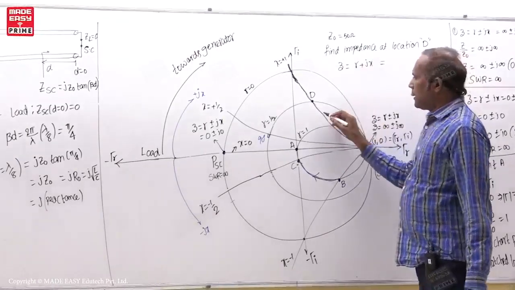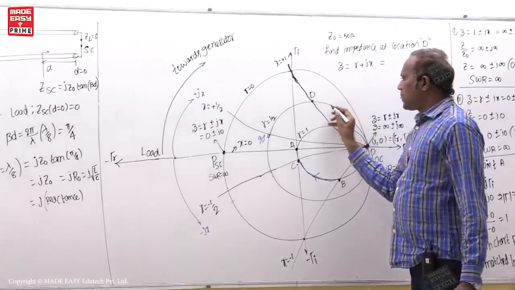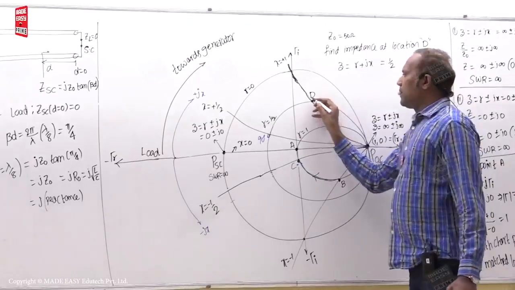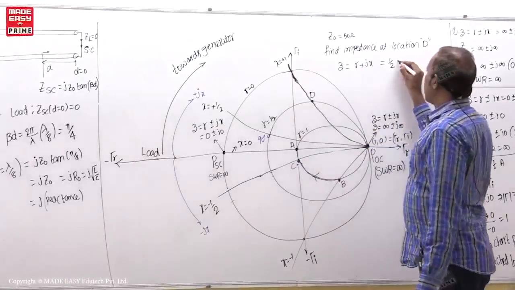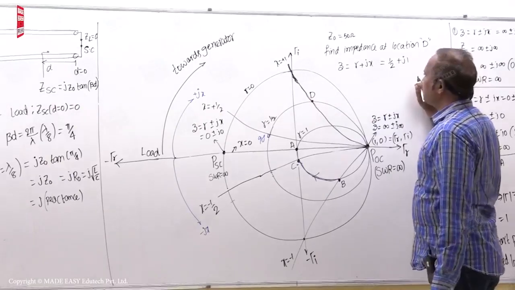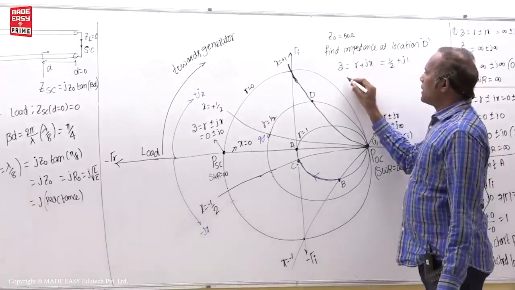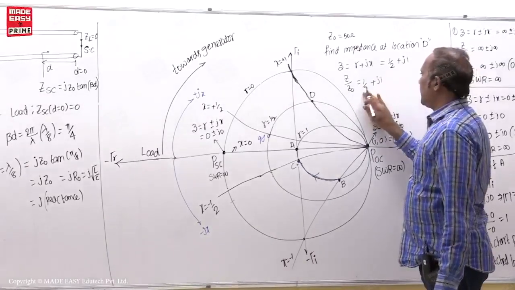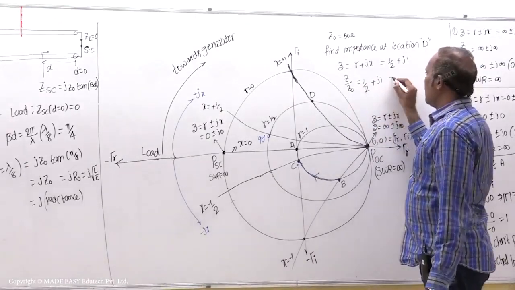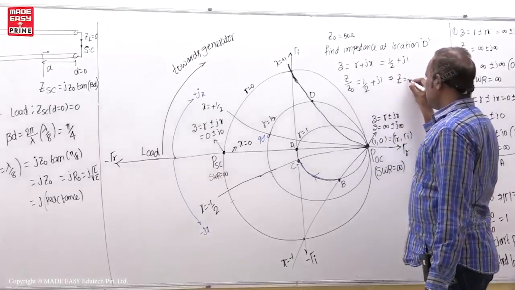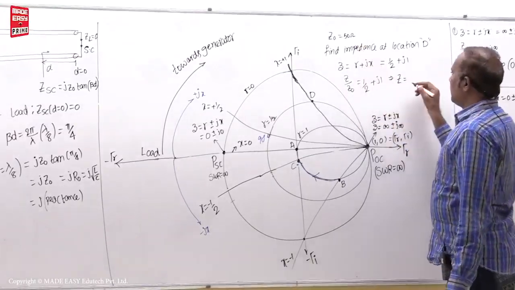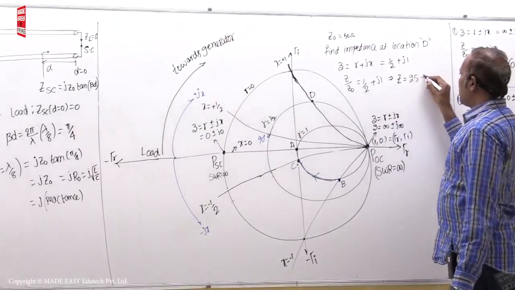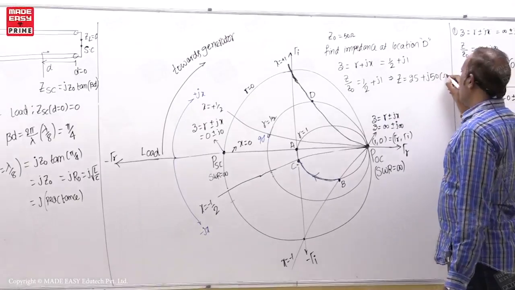Now dear students, here this circle is r is equal to half circle, and it is going like this, means that is x is equal to plus 1 circle. Now you know that small z is equal to capital Z by Z0 is equal to half plus j1. Now Z is equal to Z0 is 50, 50 into half, that is 25 plus j50 ohm.